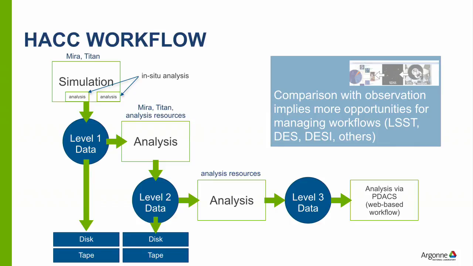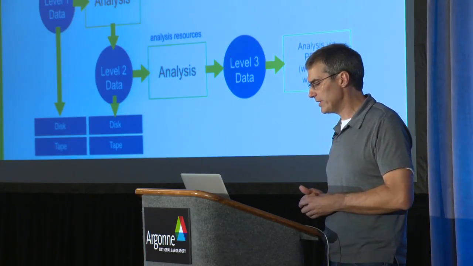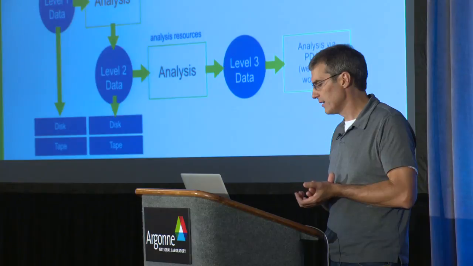And then there's level 3 data, which is available, like I described previously about the history of catalogs being used for analysis in the community. This is also being done with the level 3 data for the cosmology community today.